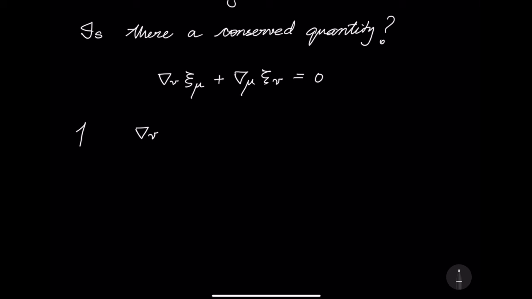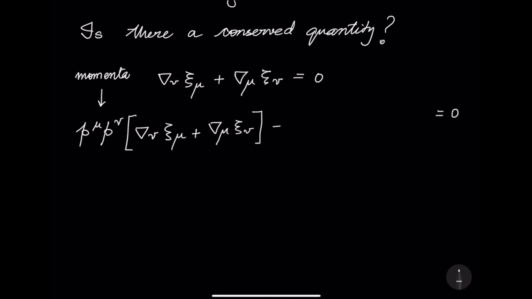So what I can do is multiply this with p mu p nu, which happen to be the momenta. This is equal to still 0.